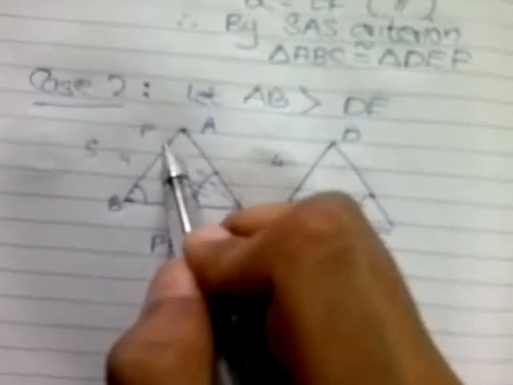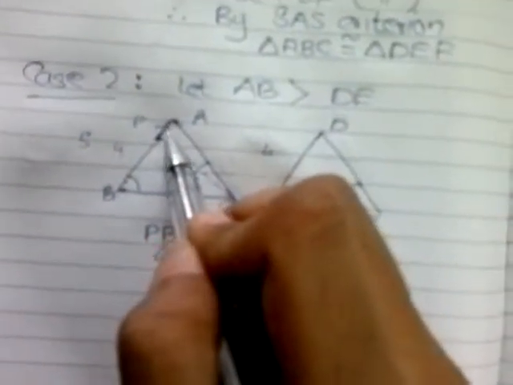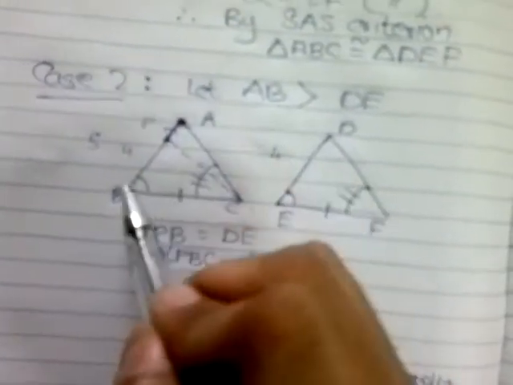But angle ACB will only be equal to angle PCB when P and A coincide. That's it. This happens only when P is actually the same point as A, which means that we should move P and bring it towards A.